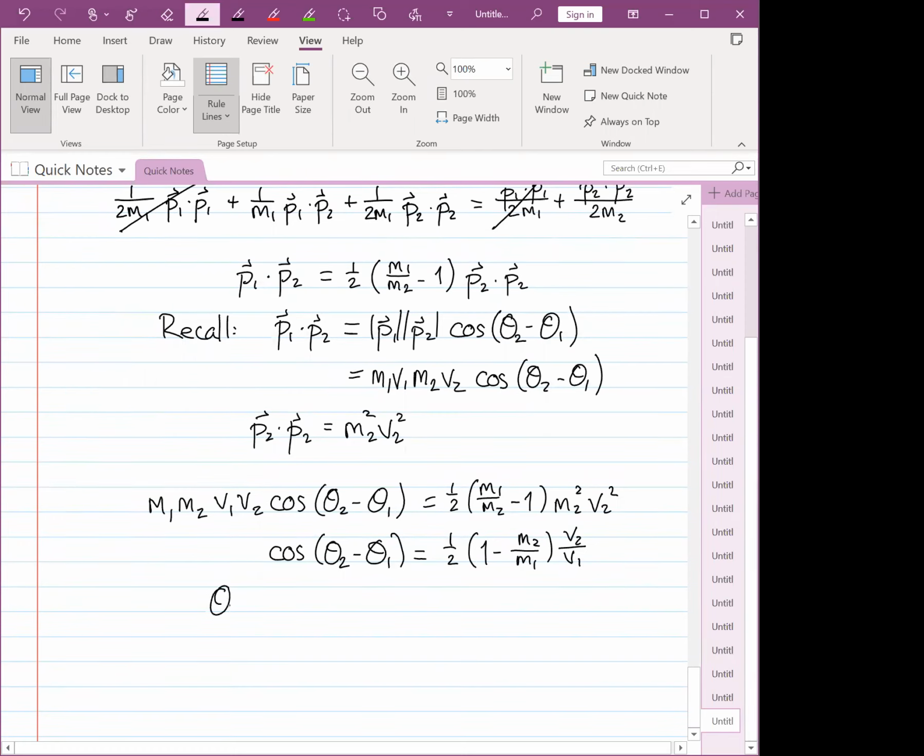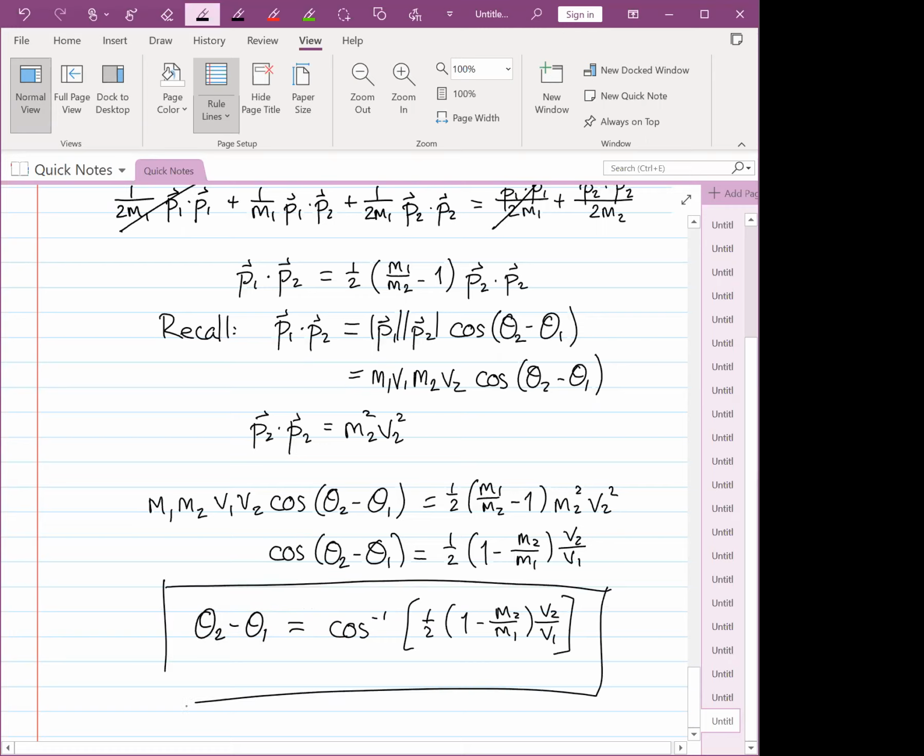Evaluating, we get that θ2 minus θ1, which is, by the way, the relative angle between these two vectors, is the inverse cosine of 1/2 (1 minus m2 over m1) v2 over v1. All right, it's a whole bunch of work, but we got pretty far.